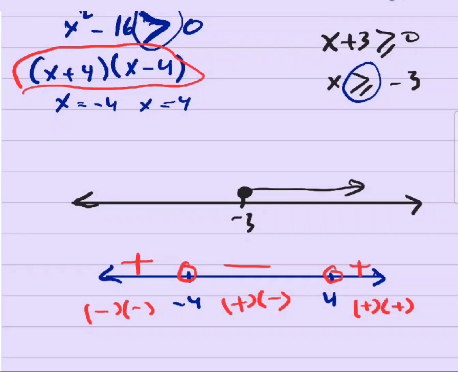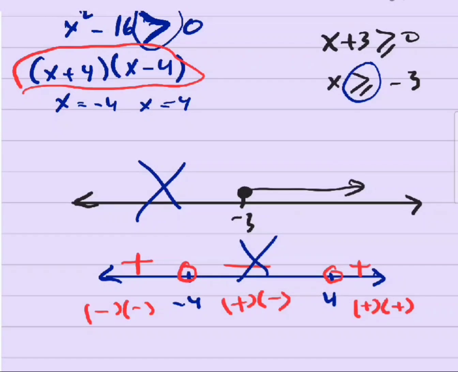So now what should we do at this point? Now we know that we can't have any negative numbers inside a square root symbol. So it's not going to be anything between -4 and 4. So for the square root on the bottom, x can be greater than 4, and it could be less than -4, but nothing in between.